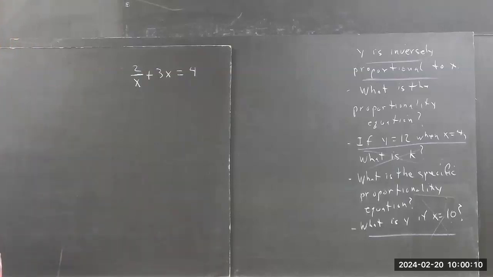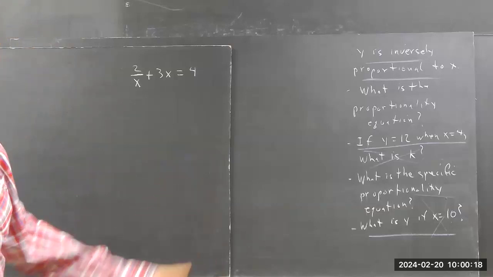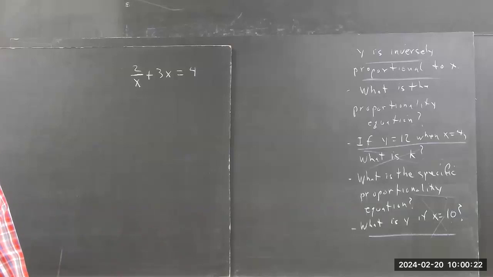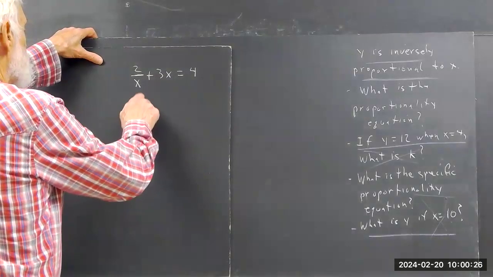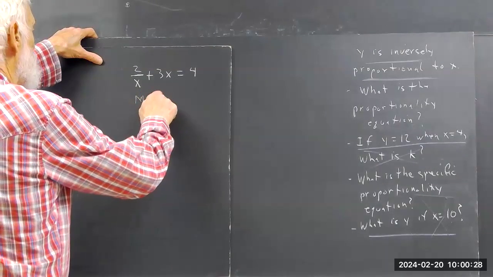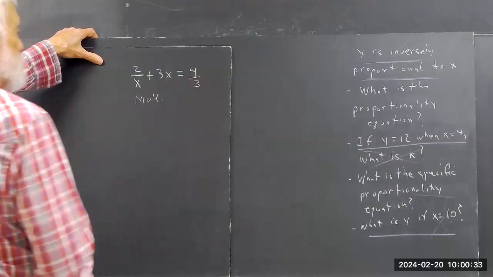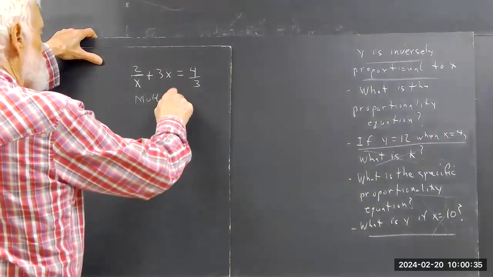Okay, so we got this equation. Now, this looks like a perfectly innocent equation that you can solve. All you have to do is multiply both sides by the common denominator, right? I'm going to make this 4/3 over, okay?